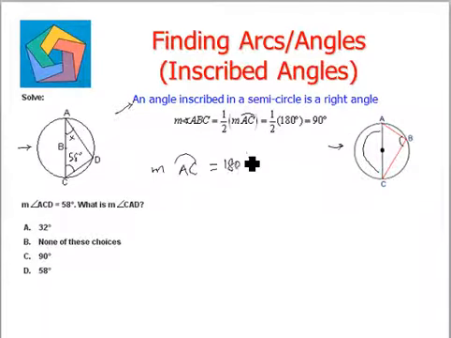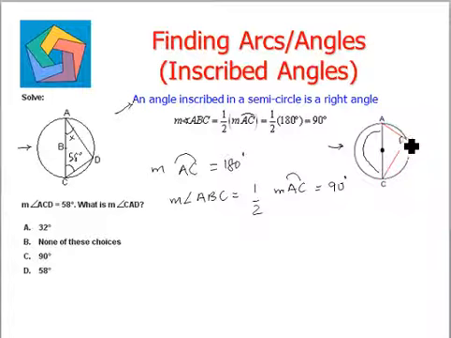So the measure of angle ABC is equal to half of measure of arc AC, which is equal to 90 degrees. Therefore the angle inscribed in a semicircle is a right angle. So this is the angle ABC is 90 degrees.